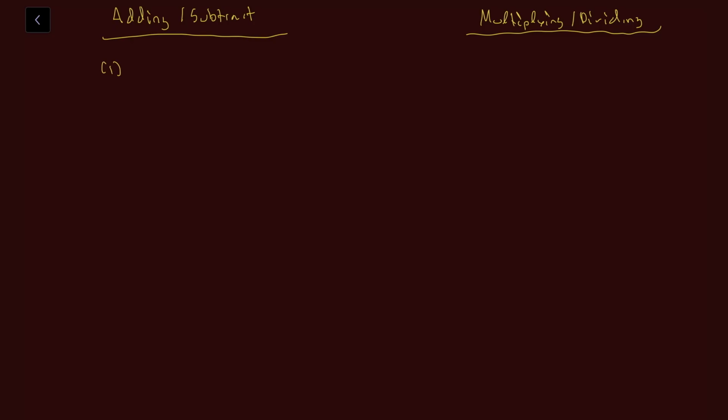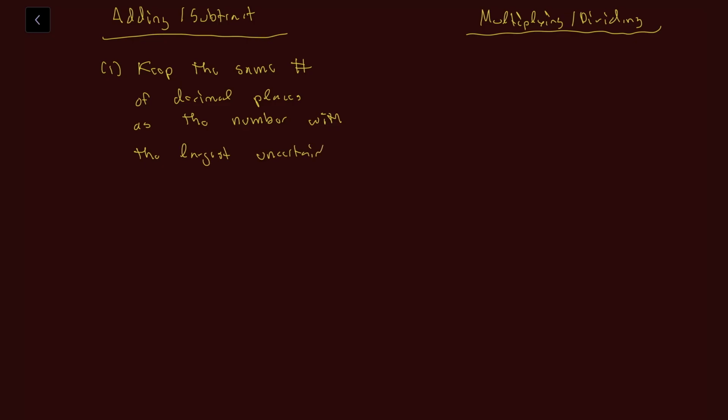So your rule when you add or subtract is to keep the same number of decimal places as the number with the largest uncertainty. So keep the same number of decimal places as the number with the largest uncertainty.